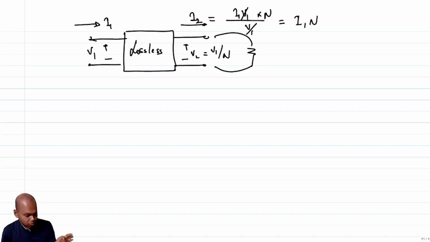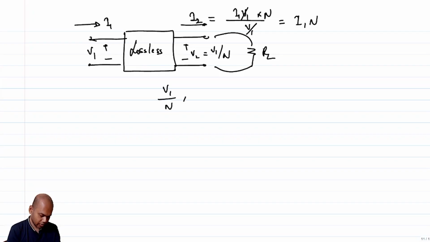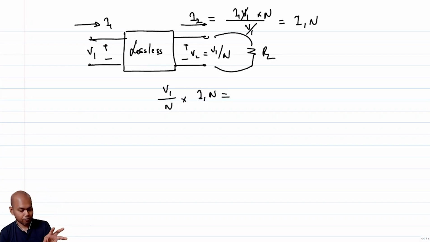Correct? So now if I express things in terms of I2 with respect to I1, which essentially means that the power delivered, if this is RL, is V2 times I2, which is V1 by N times I1 N, equal to V squared by RL.